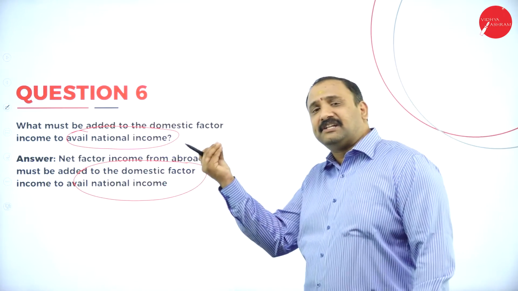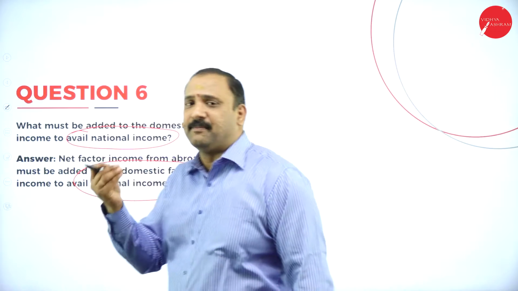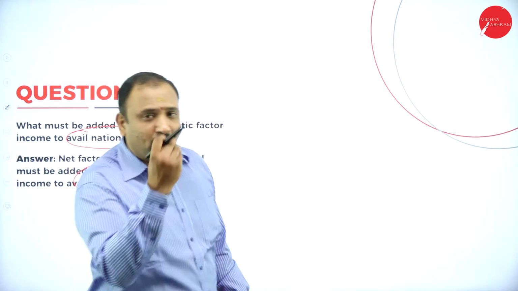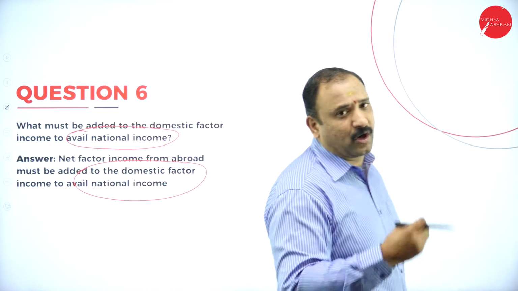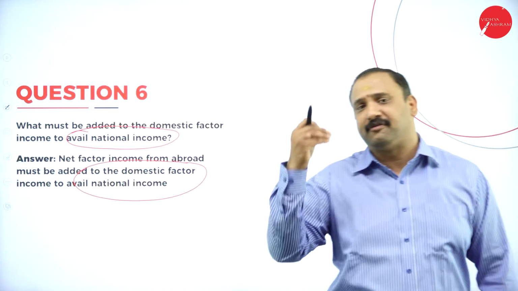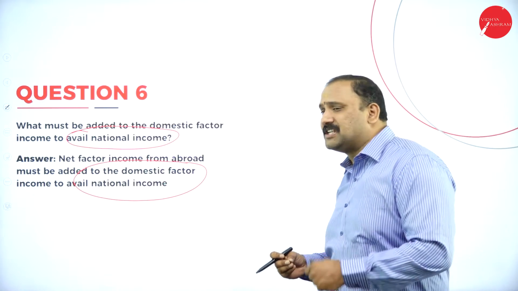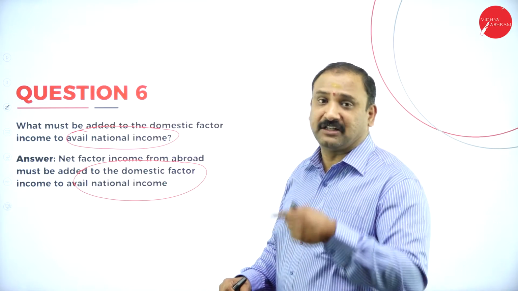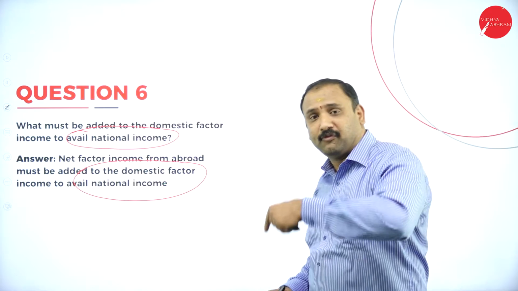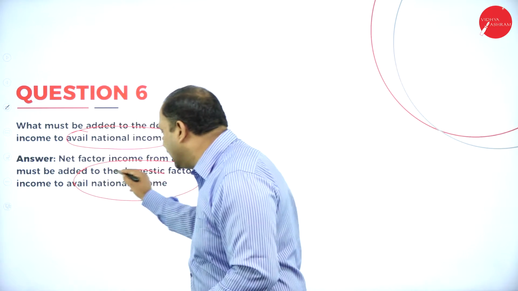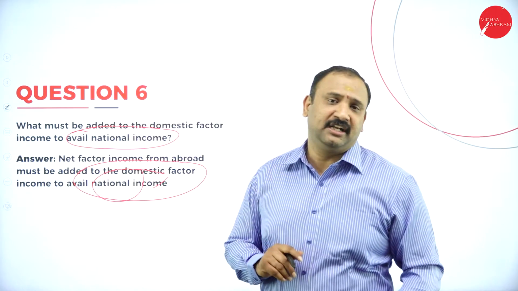The money that is being sent by them or earned by them, the net factor income from abroad, whatever income comes from abroad in the form of monetary transactions, must be added to the value that is produced within the country in order to get the national income.